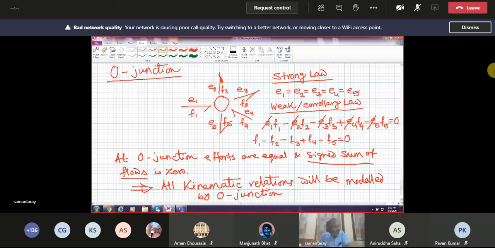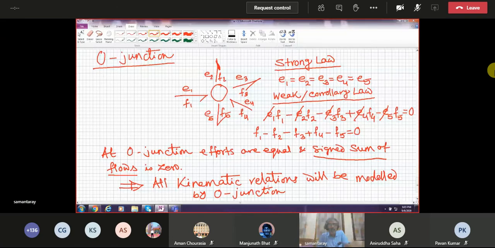So somehow or other, if you write the kinematic relations correctly, automatically the dynamics will be correct. If the flow balance is correct, the force balance will also be correct. If one of them is wrong, the other one is automatically wrong. Alright? So that comes from the power balance property of the junctions. So you have to somehow write correct kinematic relations, which is very easy. You need not worry about it.